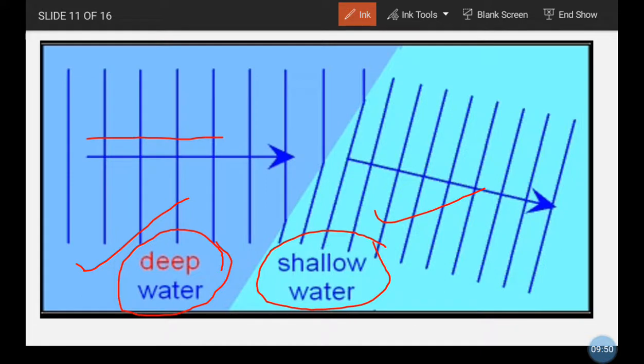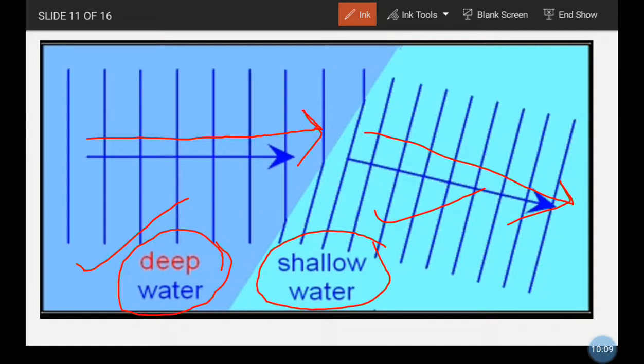So when the wave enters from deep water into shallow water, they bend from their path. This phenomenon is known as refraction of waves.